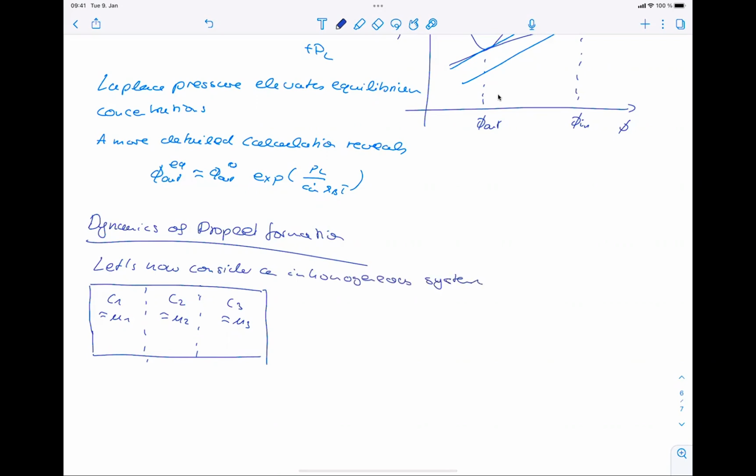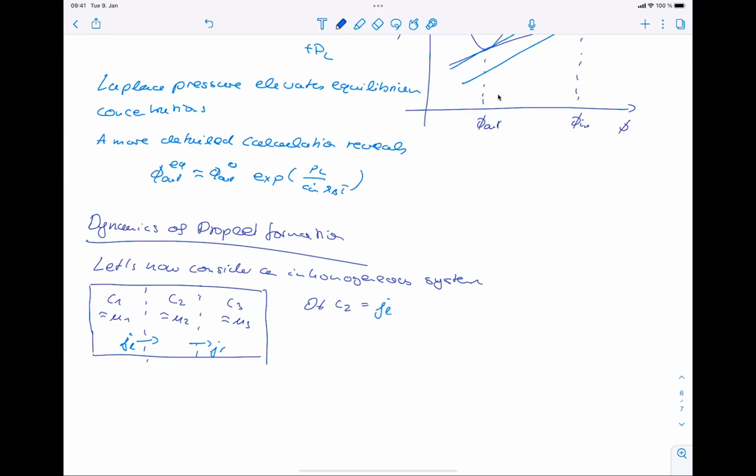So we start with a homogeneous system and we ask what are the dynamics of it. So then the change in concentration in this inner box is given by the amount of flux that comes in from the left minus the flux that goes out to the right.